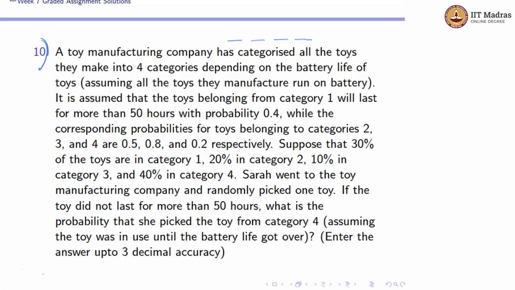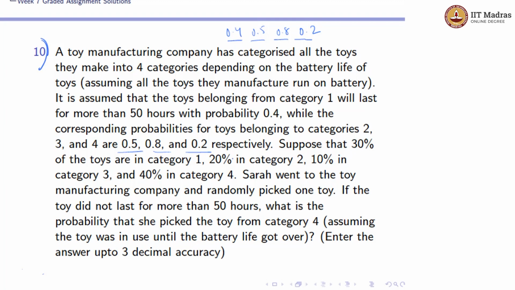It is assumed that the toys belonging from category 1 will last for more than 50 hours with probability 0.4, while these are the corresponding probabilities for the toys belonging to categories 2, 3 and 4, and it is lasting for more than 50 hours. So for category 1 it is given to be 0.4, category 2 it is given to be 0.5, category 3 it is going to be 0.8, category 4 it is given to be 0.2.